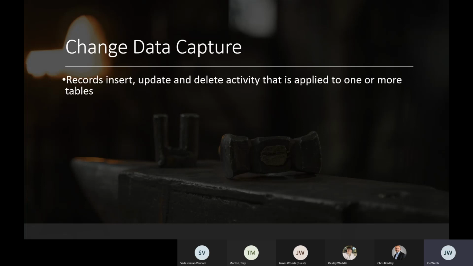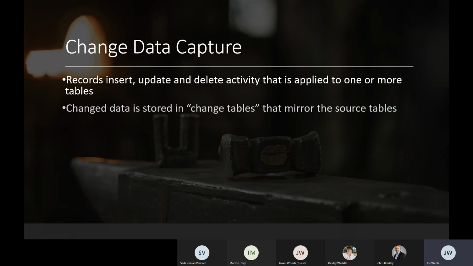Change data capture records all insert, update, and delete activity that is applied to one or more tables that we specify ahead of time that we're interested in. That data is stored in what's called change tables that mirror the source tables.